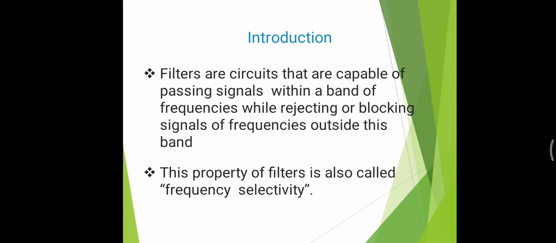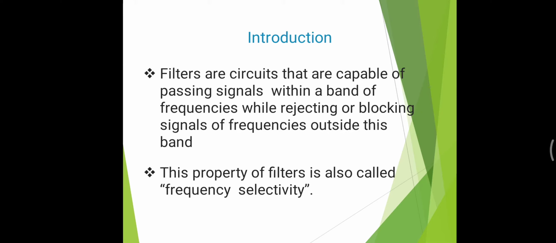First of all, introduction to the filters. Filters are circuits that can be used to reject or block a signal, or to select our desired signals. This property of filters is also called frequency selectivity. We can select our own frequency of the signals.